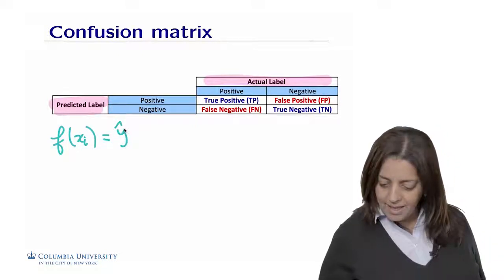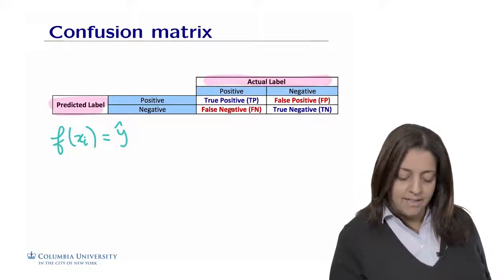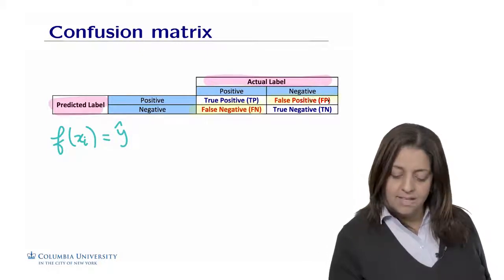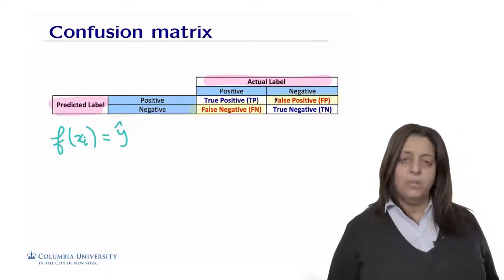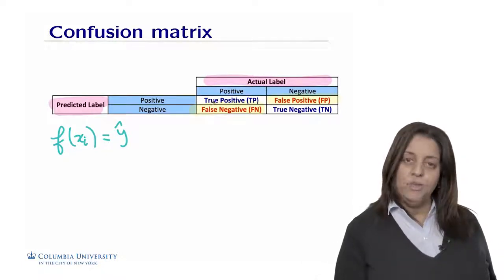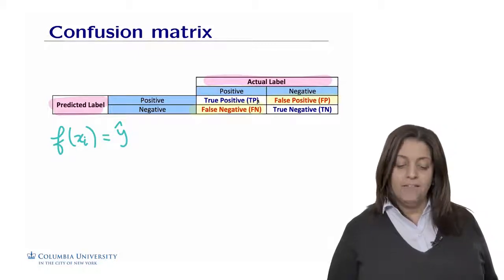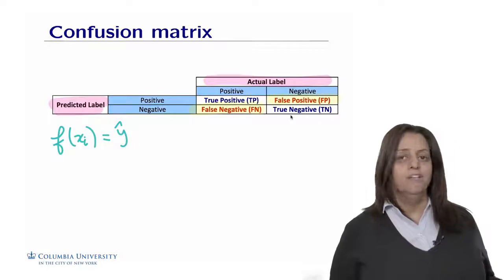So in this table, what we're going to assess is how many errors you make. And as you may guess, the errors are in this section here and in this section here. So if your example was positive and you predict it as positive, great, you make a good prediction, and you add this number to the number of true positives. If your label is negative and your model f is predicting it as negative, very good job too.